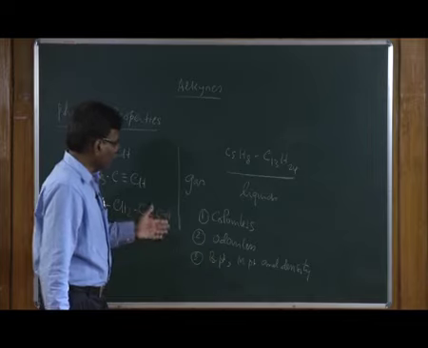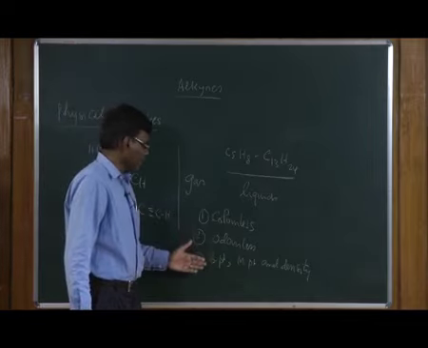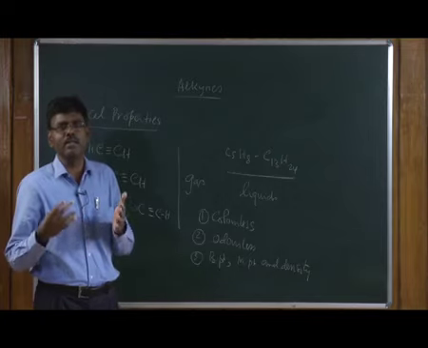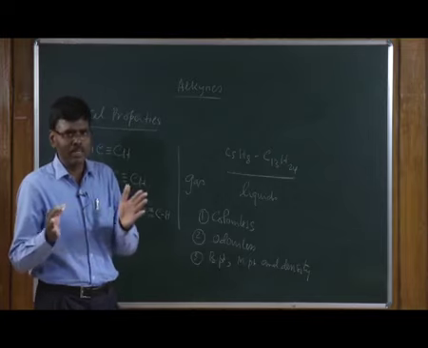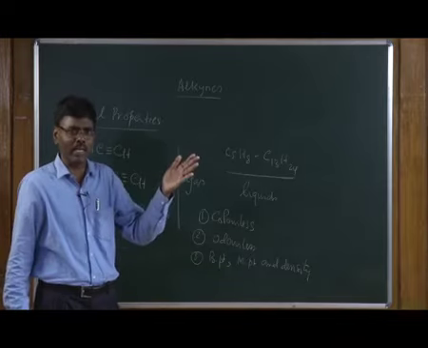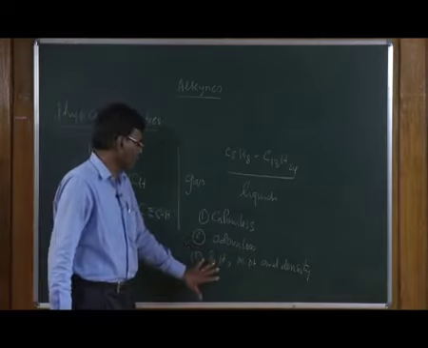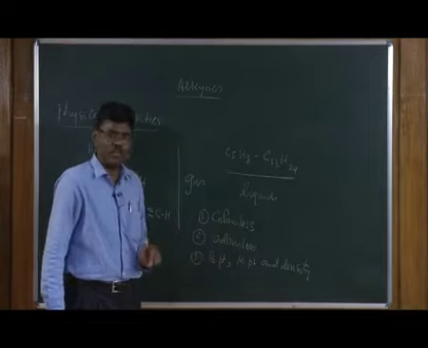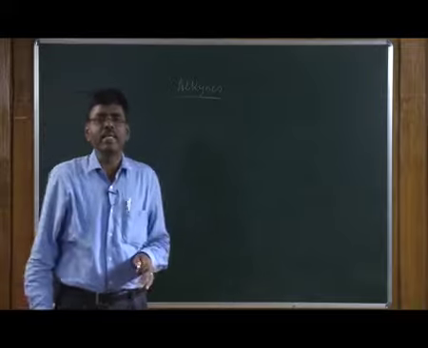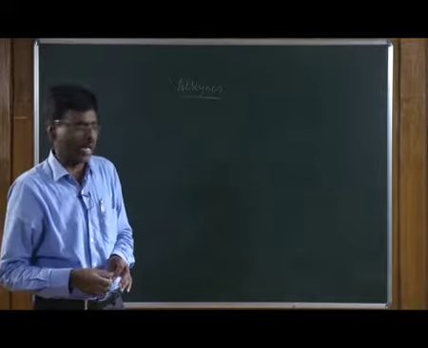And if you compare with alkenes and alkanes, alkynes show high boiling and melting points because they are linear molecules. They can stack each other very easily compared to alkenes. Because of that, they show high boiling and melting points. So, now let us look at the chemical properties of alkynes.